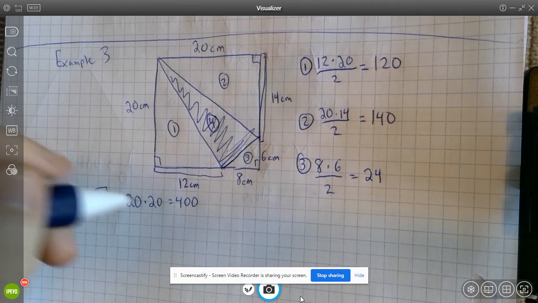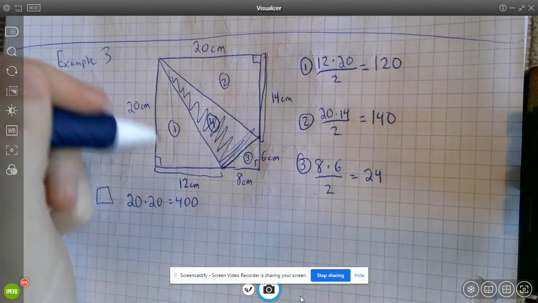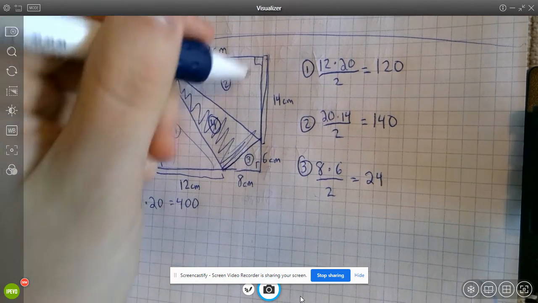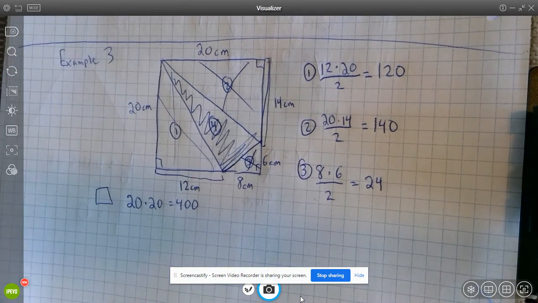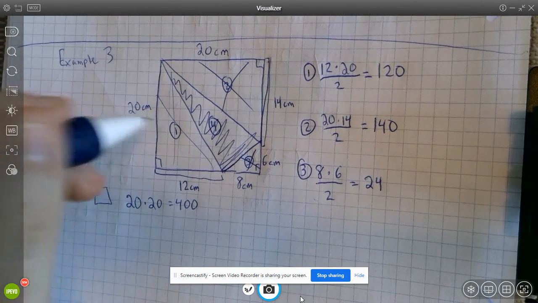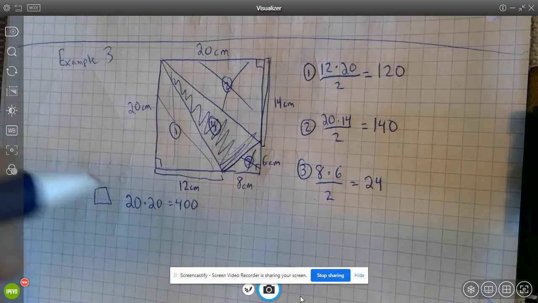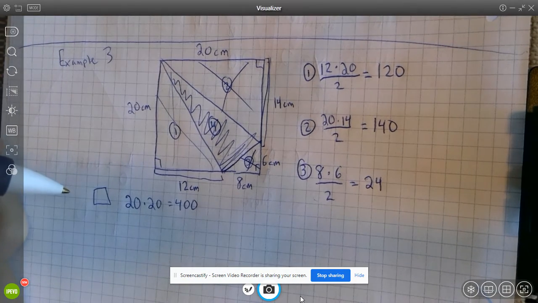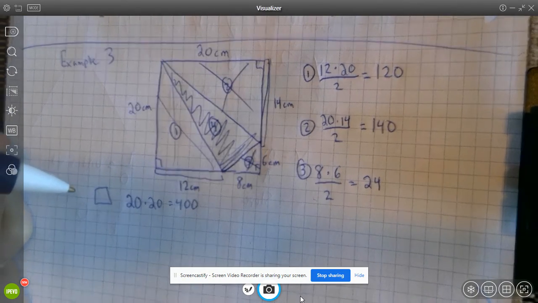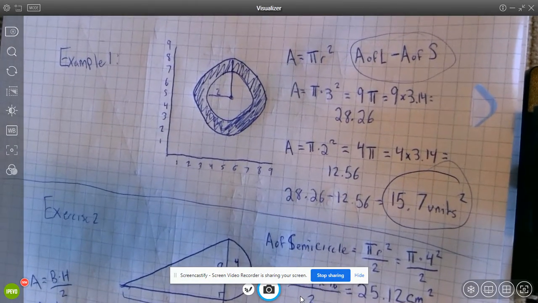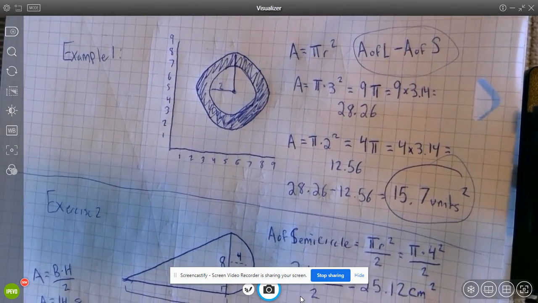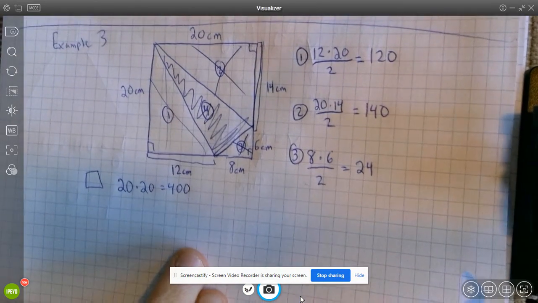Now, if we have the area of the square and then we remove triangle 1 and remove triangle 2 and remove triangle 3, we're left with triangle 4. How do you remove something in math? Kind of like in example 1, when we removed the center of this circle by subtracting, we're going to do the same thing here.